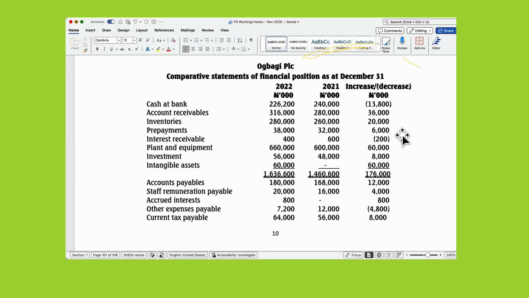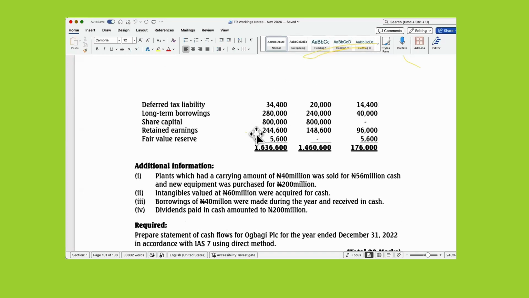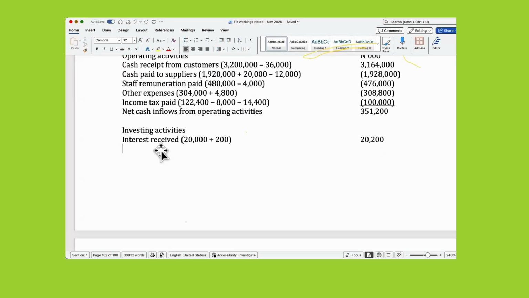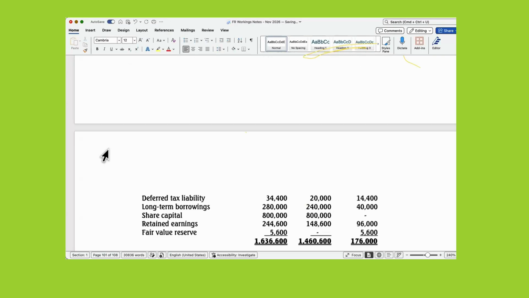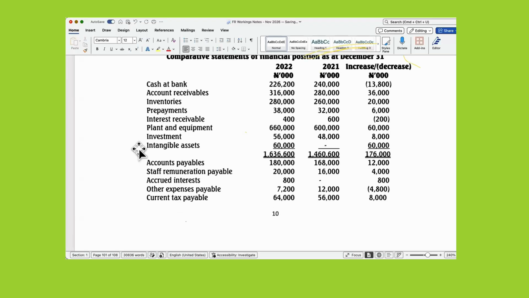So there is an increase in prepayments. An increase in assets, we're going to treat as an outflow, because if we don't treat it, it's not going to balance. It's an outflow. So I deal with my prepayments.